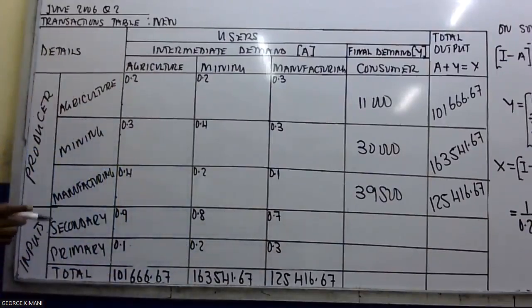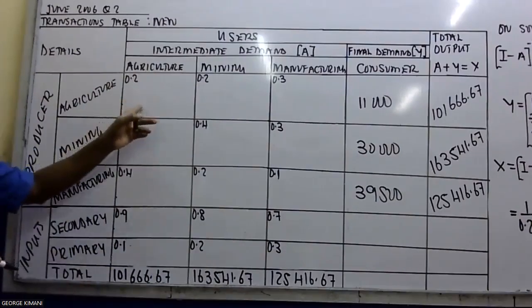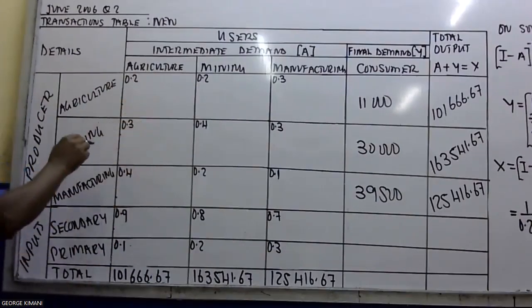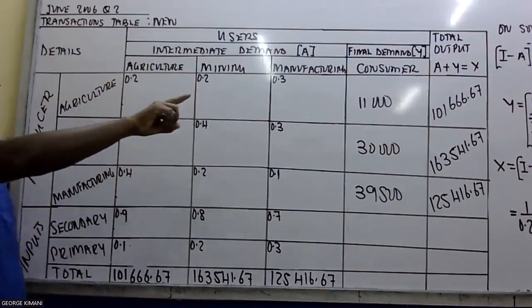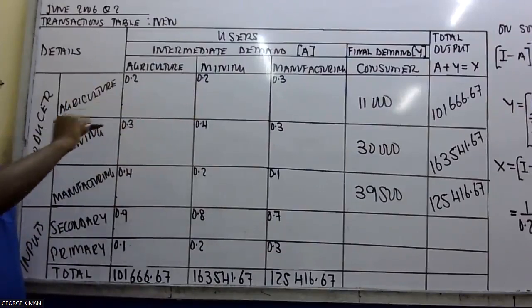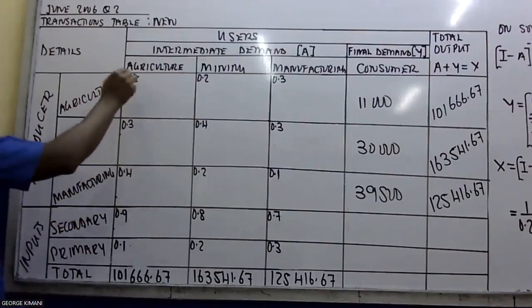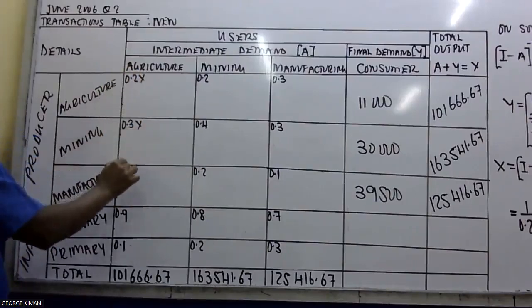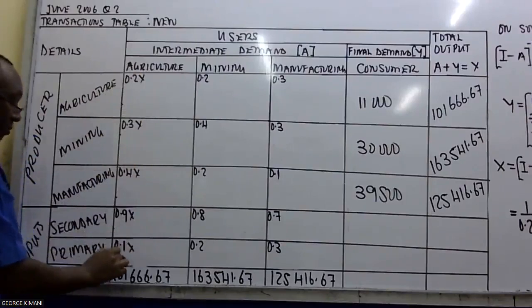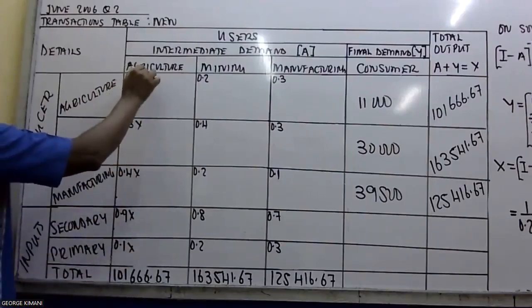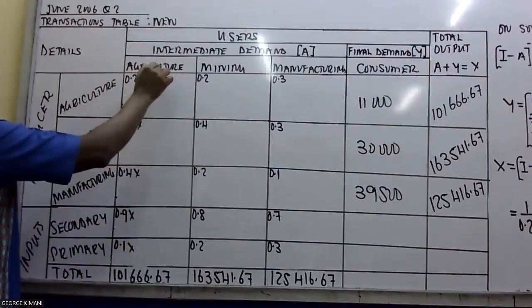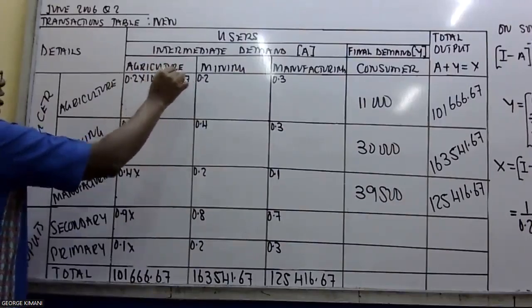If you want now to go back to the figures, what you do, remember when you are going forward, we divided. So when you are going backward, the opposite of division is multiplication. So we are going to multiply now here these values by this total, which is 101,666.67.